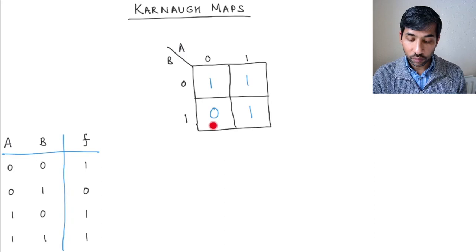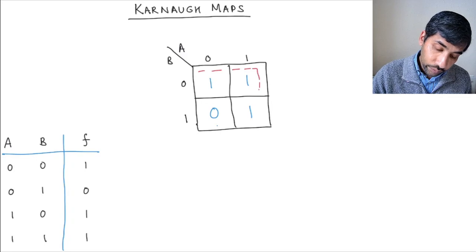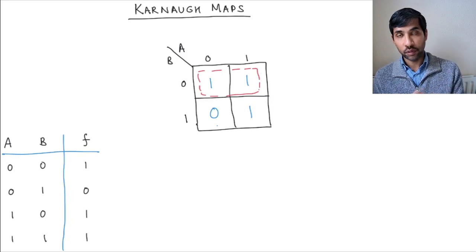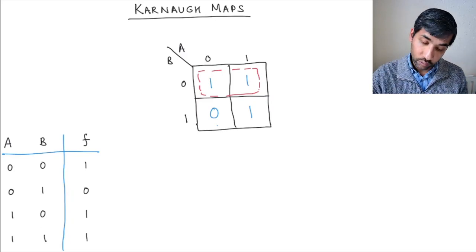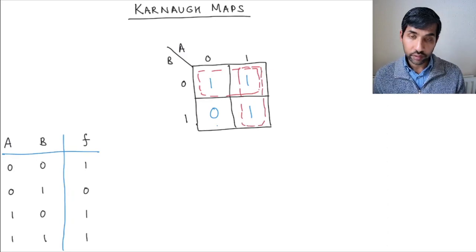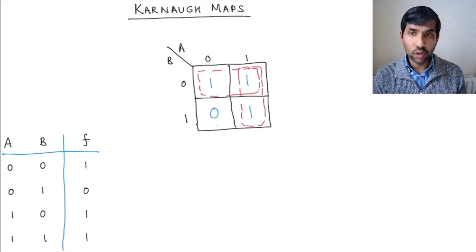But now this is not 1, so you can't group them. So you want to group the 1s together. Let's group these 2 together. So that makes one group. As I said, the groups can only be powers of 2. So 2 to the power 2, which is 4, and so on and so forth. And then you can group these 2 together, right? So there are 2 groups of 1s, and there is no lone one. Okay, let's leave it at that.